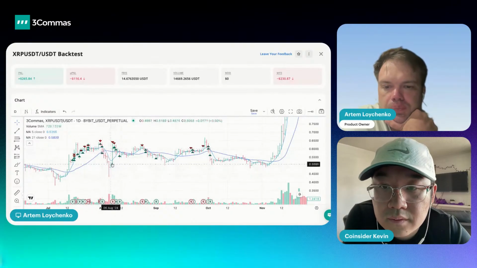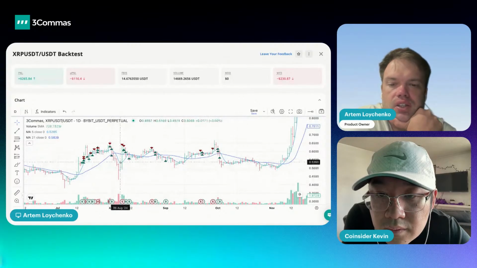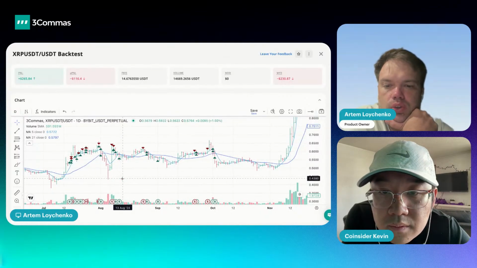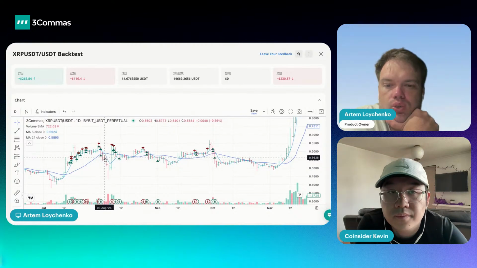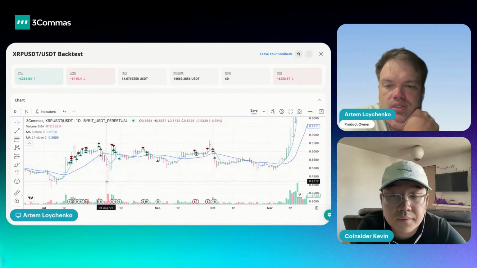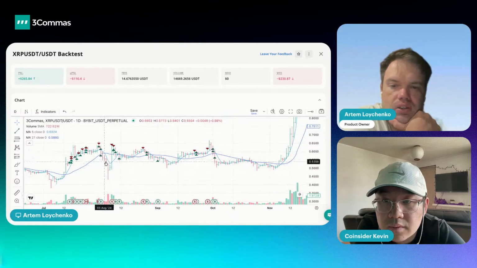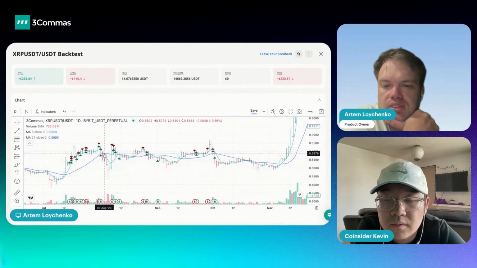Just looking at this part here, we got a lot of stop losses hit when we checked the strategy with stop loss, and it actually happened because the indicators were there, but we could do a timeout between the trades. So whenever we hit an exit, be it a stop loss or take profit, we would have a cooldown before a new trade opens. So this would leave us having fewer stop losses in this huge drop.